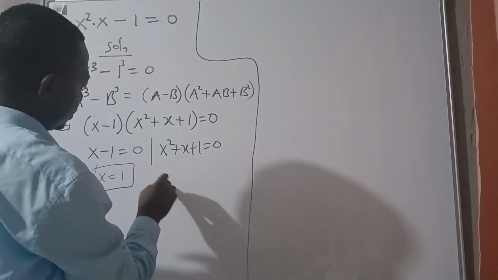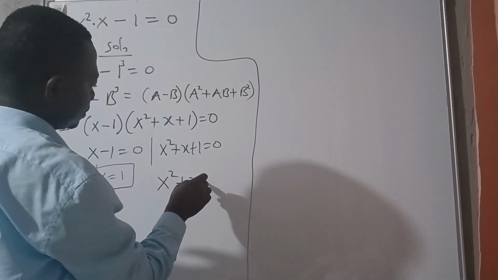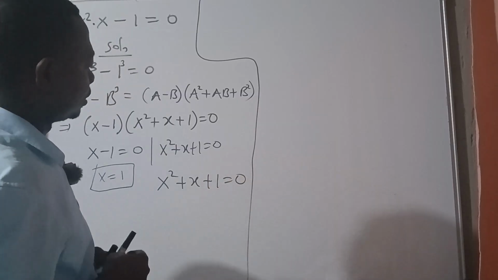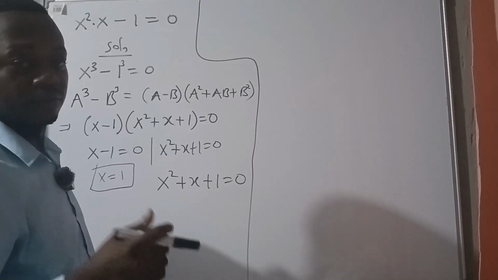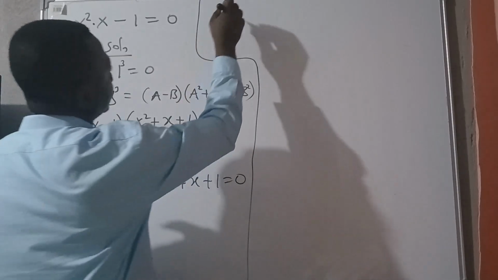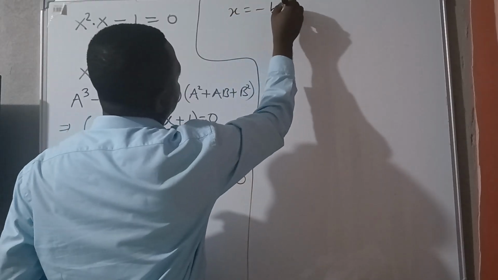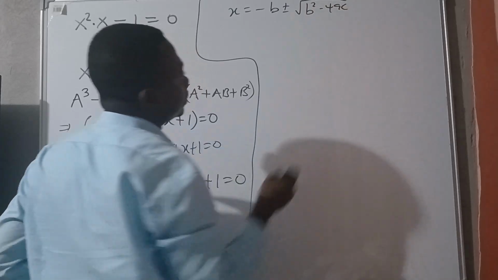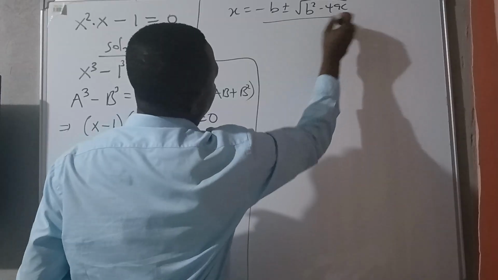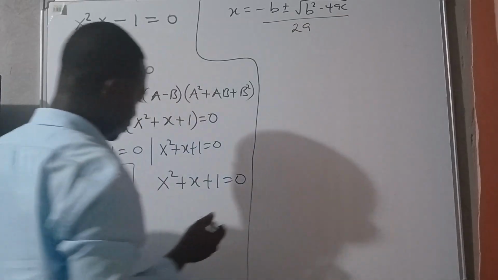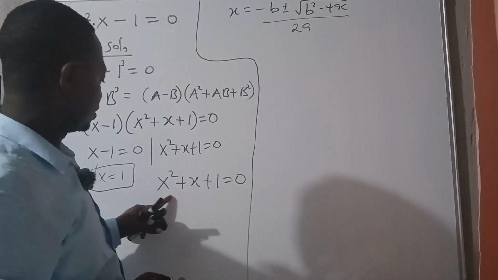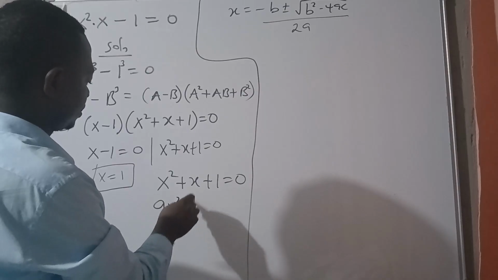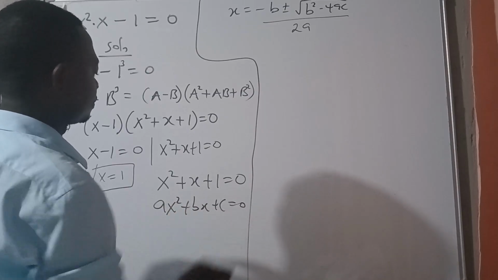So we have x squared plus x plus 1 equal to 0. So let me use the almighty formula: x equals minus b plus or minus the square root of b squared minus 4ac, all on 2a. So we need to compare this one to the general quadratic equation, that is ax squared plus bx plus c equal to 0.